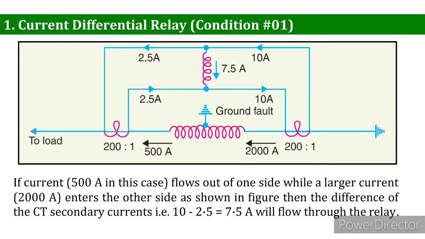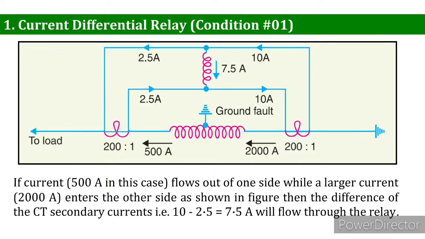In the first figure, you can see in condition 1 a current of around 500 ampere flows out of one side, while a larger current of 2000 ampere enters the other side. Then the difference of the CT secondary currents is 10 minus 2.5, that is equal to 7.5 ampere.